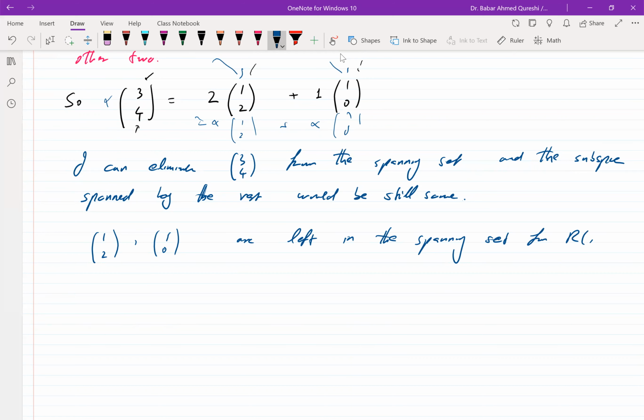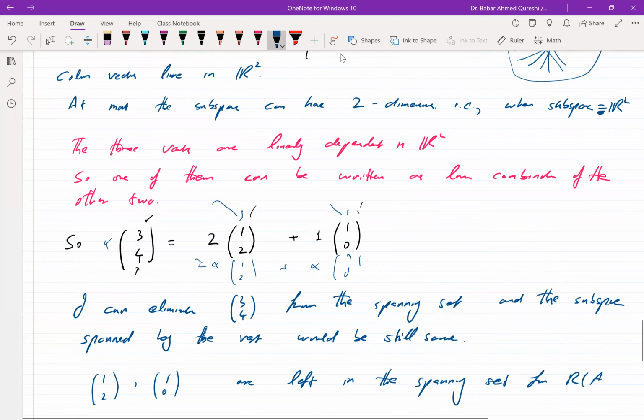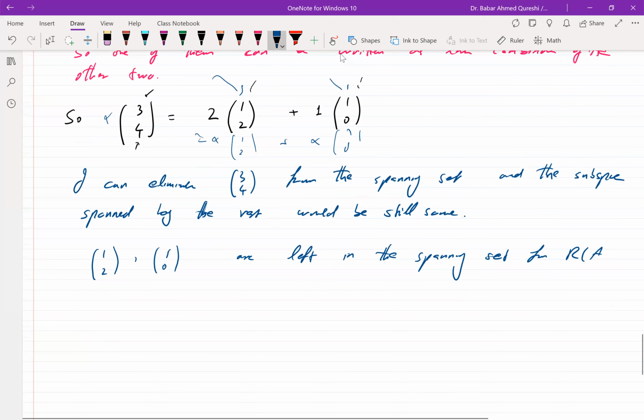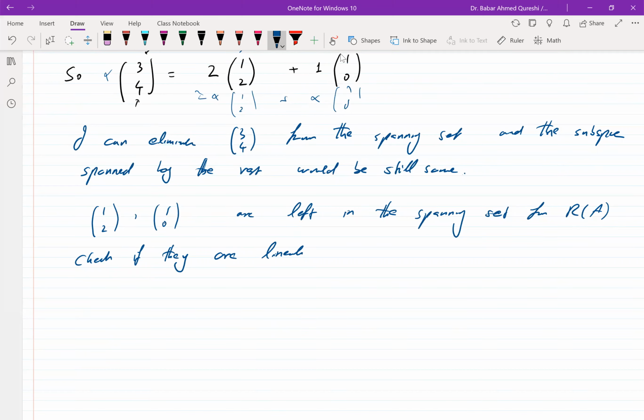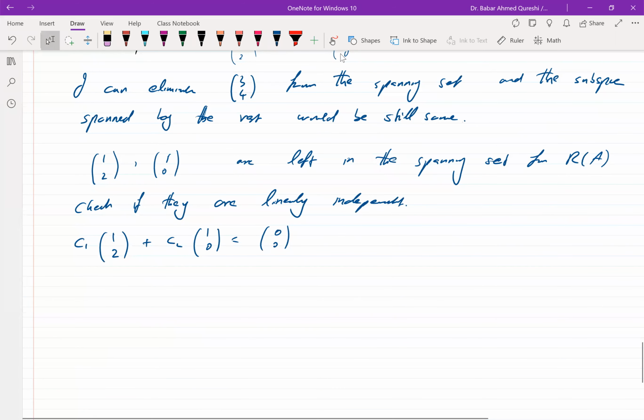For the range of A, that's what I was doing: check if they are linearly independent. So we're checking this and matching the lower component.